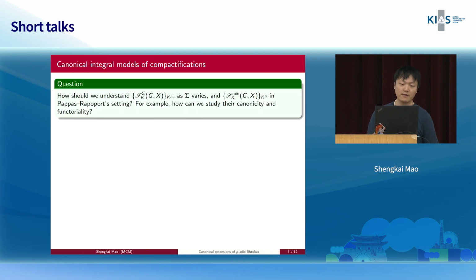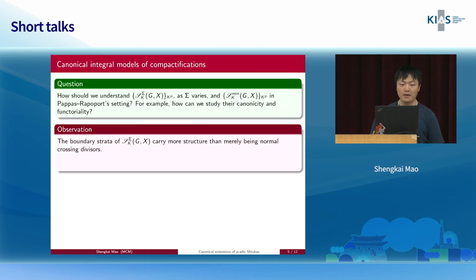Now the very natural question is to ask, how do we understand the compactifications in the Pappas-Rapoport setting? For example, how do we study their canonicity and functoriality? So our observation is that the boundary strata of the toroidal compactification carry more structure than merely being normal crossings divisors.